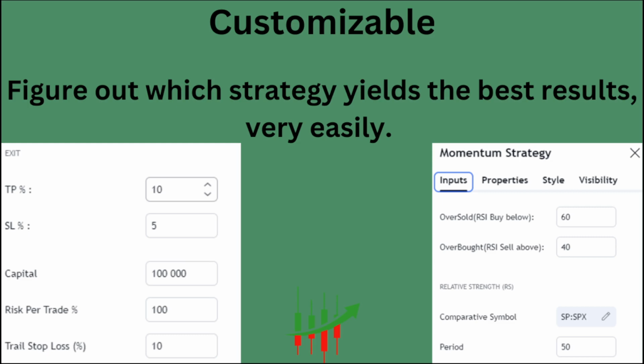I have mine set up to basically never go long a stock that is overbought and never short a stock that is oversold. And you can adjust those oversold and overbought conditions. RSI being overbought is when RSI is over 70, and oversold is below 30. I have mine set up a little differently.